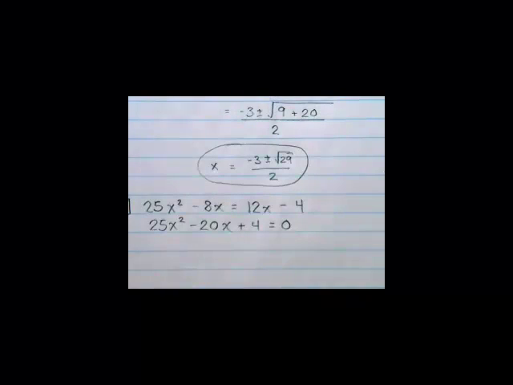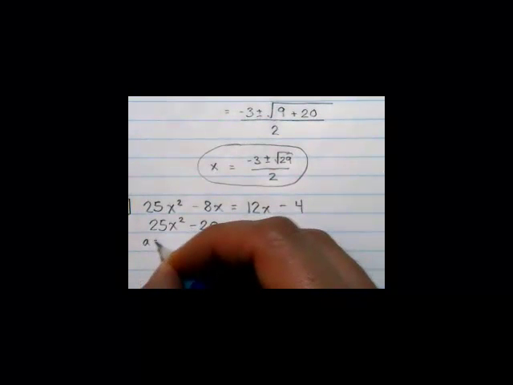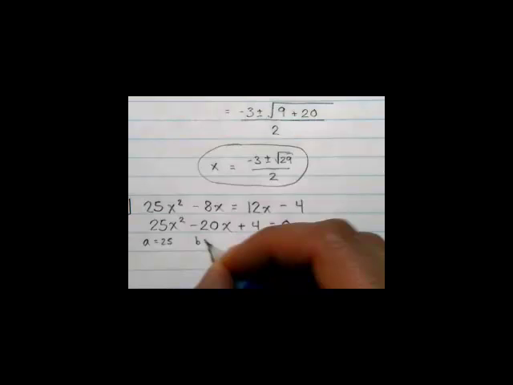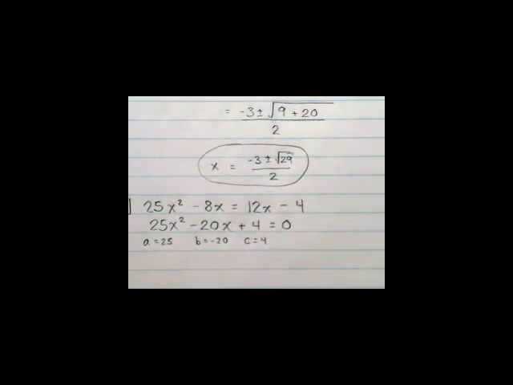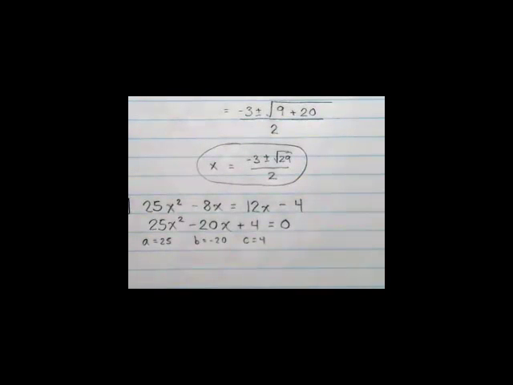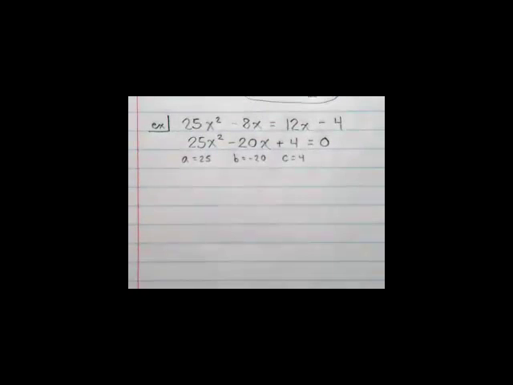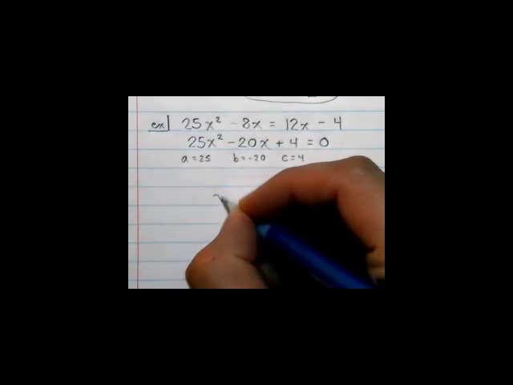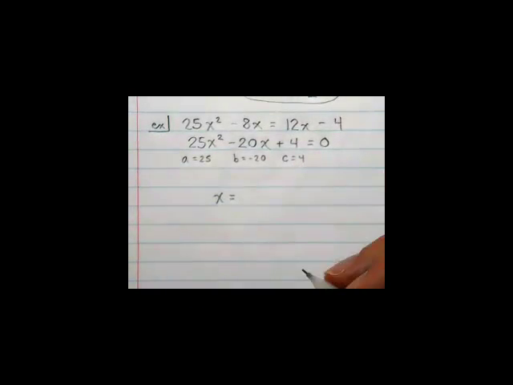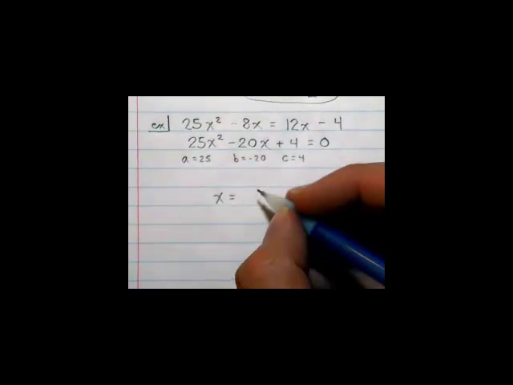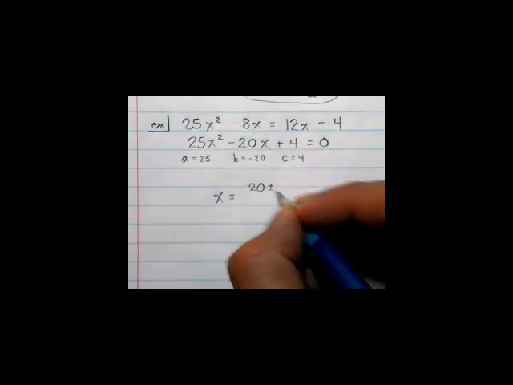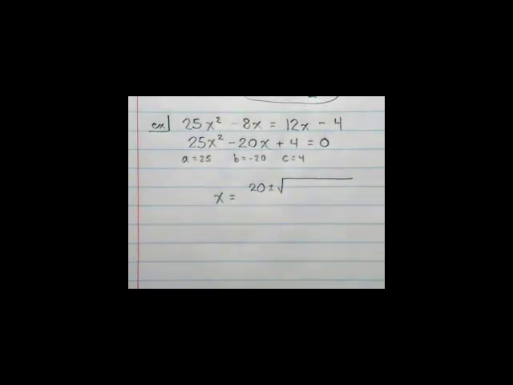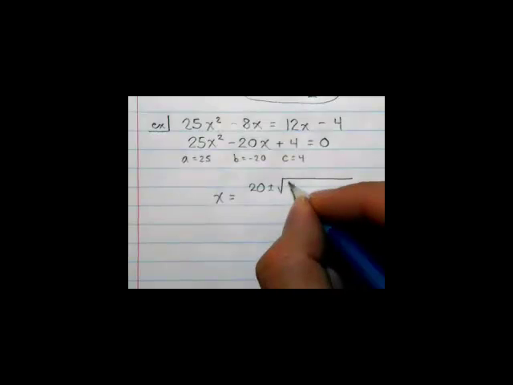So let's just take our ABC. A is 25, B is negative 20, C is 4, and let's just use the formula instead. See what we got. So for this one then, we'd have x equals negative b. Well, b is negative 20, so negative b would be positive 20, plus or minus square root of b squared.